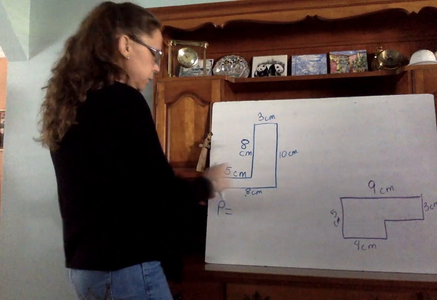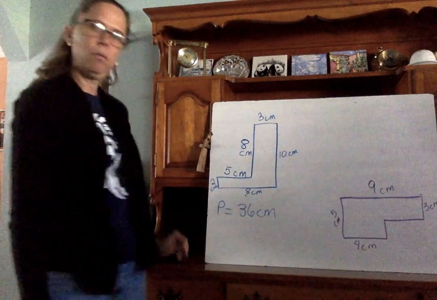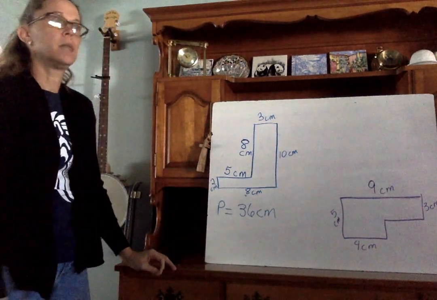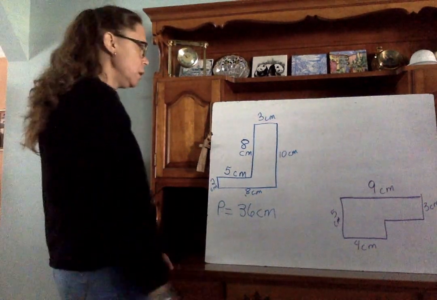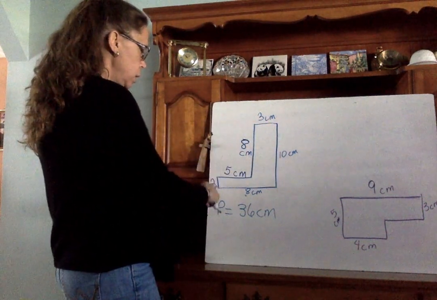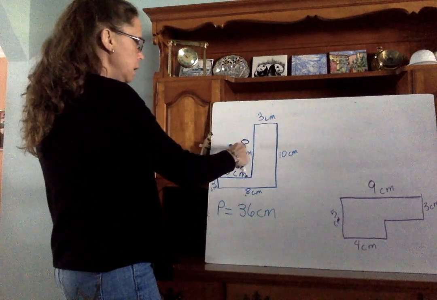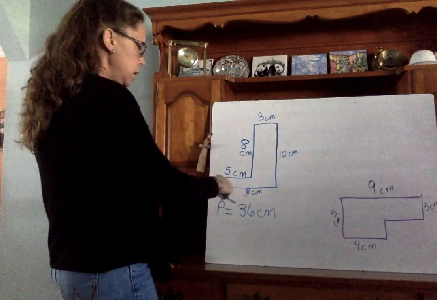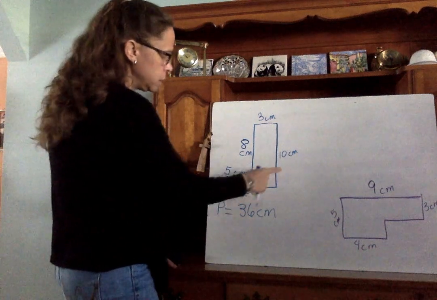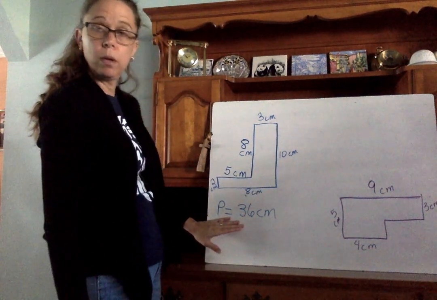And 5 is 36. 36 centimeters for the perimeter. I said I always double check myself. I'm going to go the other way. 3 and 8 is 11. 5 more is 16. 2 more is 18. 8 more is 26. 10 more is 36. Okay, 36 centimeters for the perimeter.